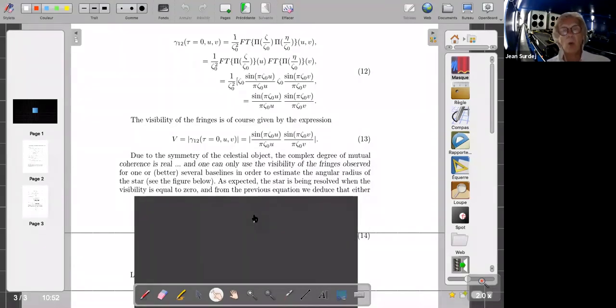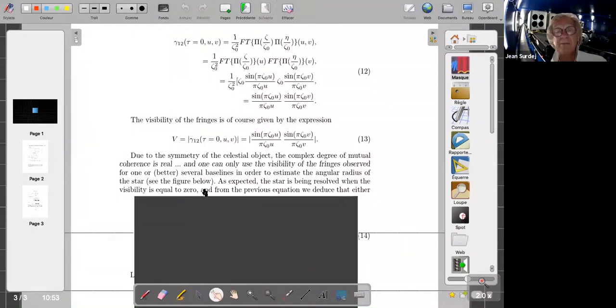Now, what we see is that this quantity, I said before, can be a complex quantity, but in this case, we find that it is a real quantity, and the reason is that the square star is symmetric, and anything symmetric will give rise to a real expression for the complex degree of mutual coherence. This is the reason.